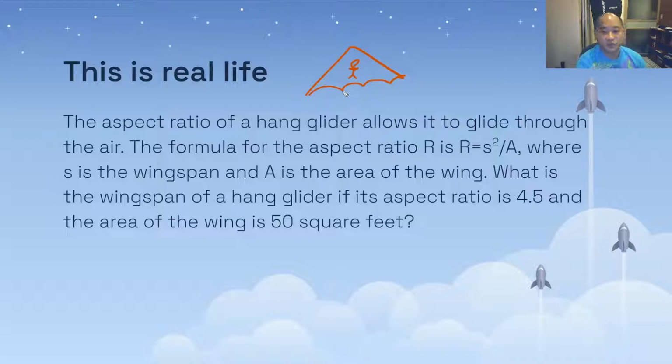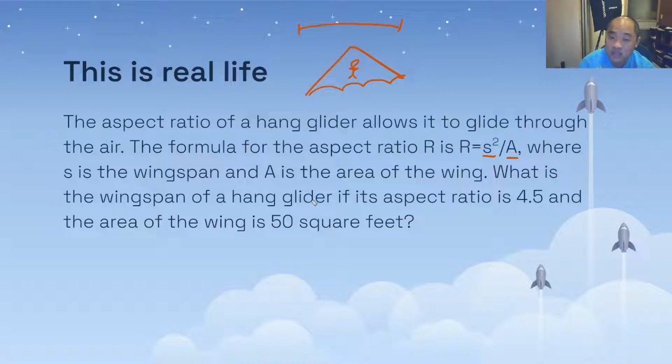So the aspect ratio is the wingspan squared divided by the area of the wing. So the wingspan is this distance across. And then the area is what's inside of this triangle shape.